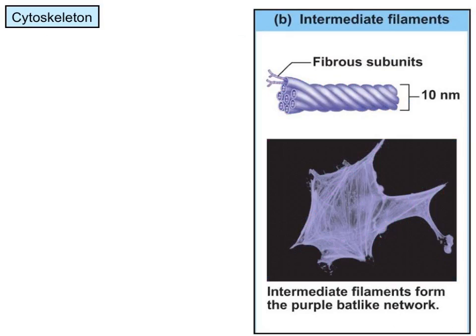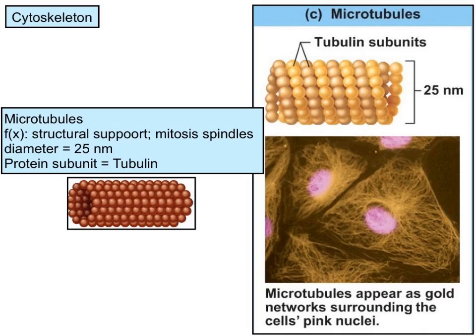Next, we have our intermediate filaments, and our intermediate filaments tend to be very fibrous in nature. They're on average about 10 nanometers, and they form these large, sort of web-like branches, like a net-like network within the cell. We also have microtubules, and these microtubules are very small tubes.